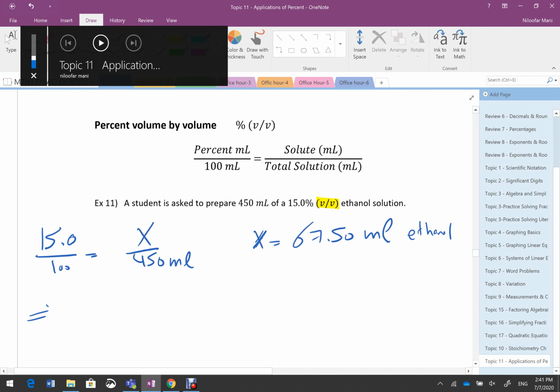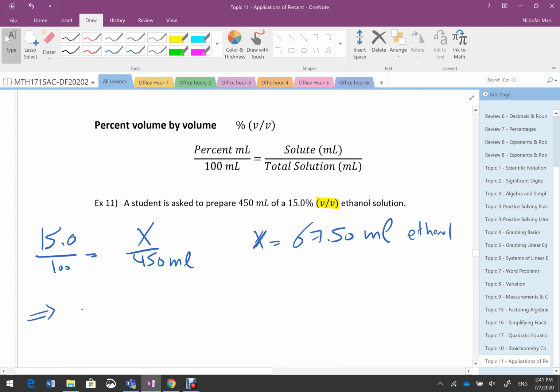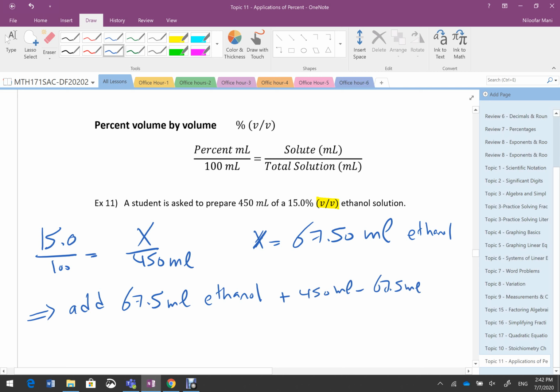Therefore, I can say I add 67.5 milliliter ethanol plus 450 milliliter minus 67.5 milliliter, which is 382.5 milliliter water.